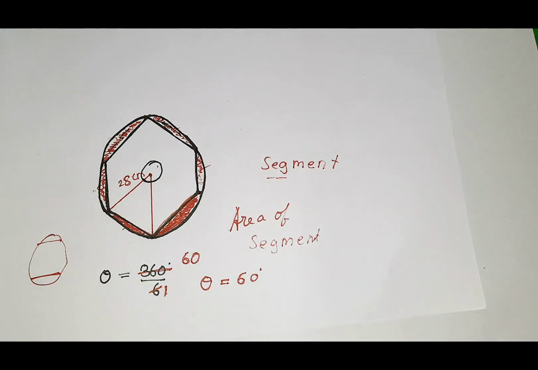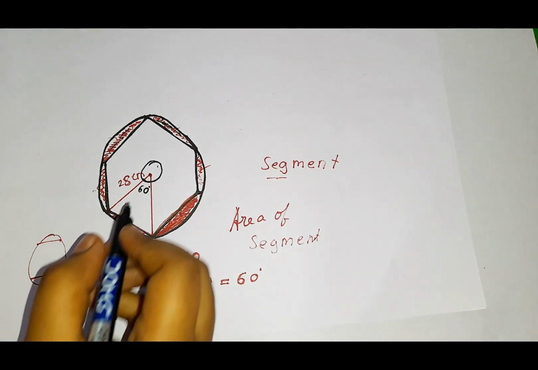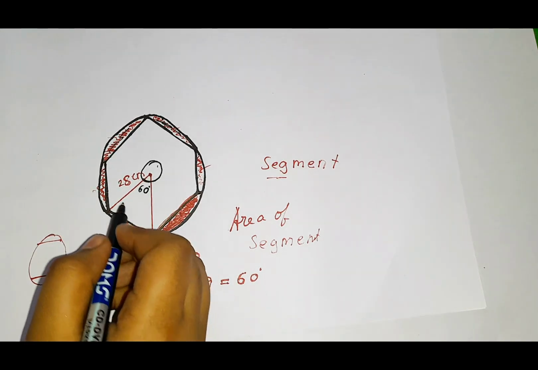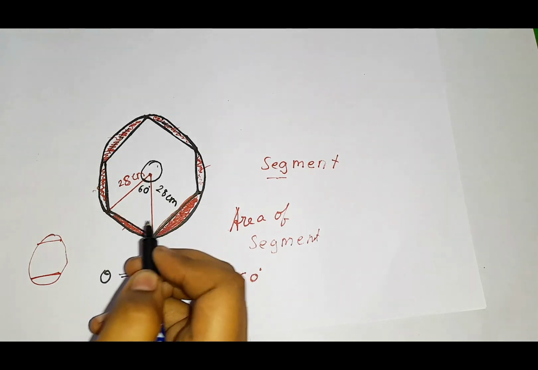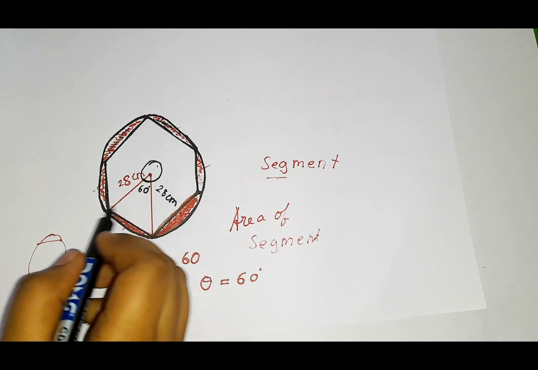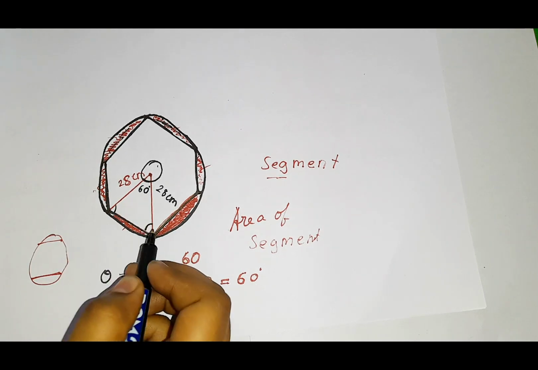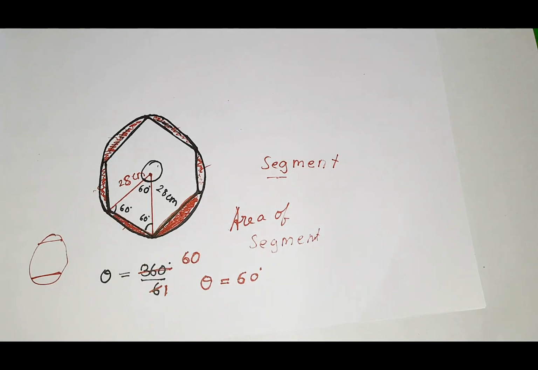Okay, so here the angle is 60 degrees. For both the sides we have the radius as 28 centimeters, isn't it? Since we have equal sides, the angles will be equal too. So the angles will be 60 degrees, 60 degrees, so everything will be 60 degrees.